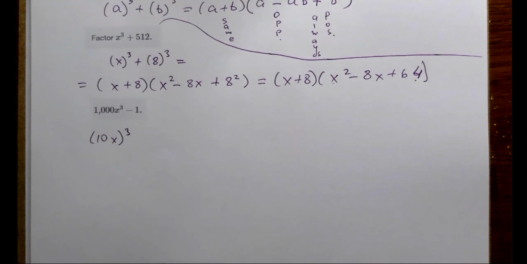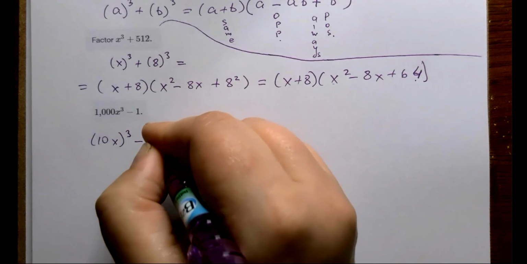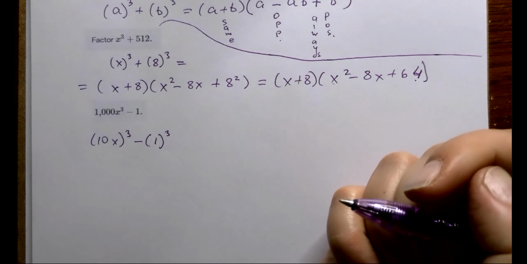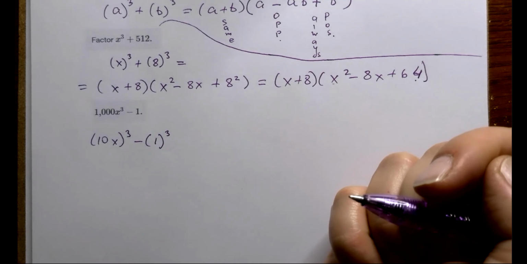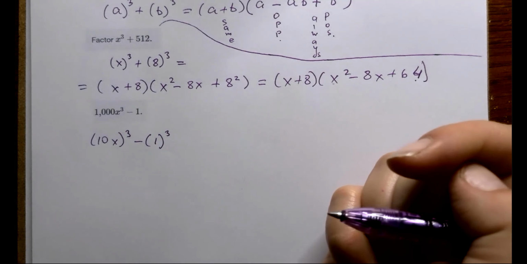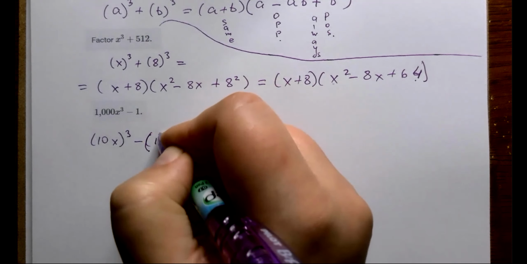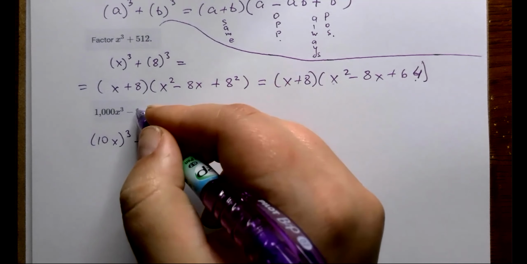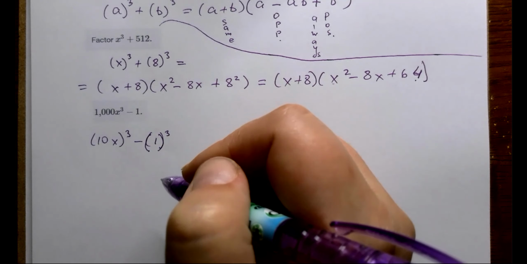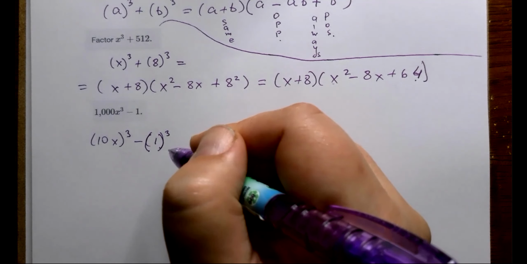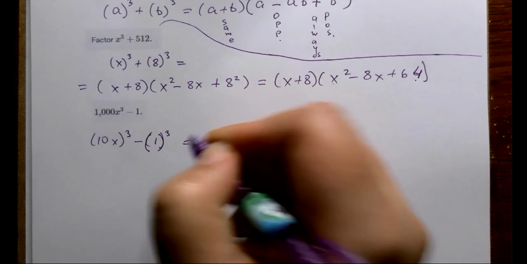But I want to tell you right now, 1 is a perfect cube. 1 is 1 cubed. It's also a perfect square. It's also a perfect 1 to the 4th power. It's a perfect any power. You could treat it as a cube, as a square, or as any power. So don't miss it when you see it.